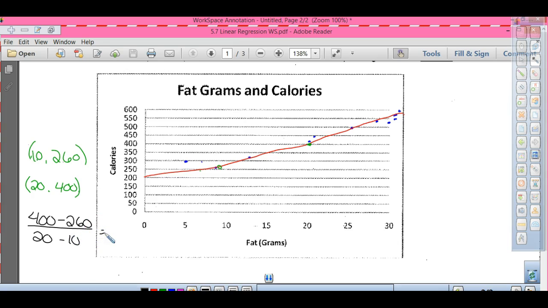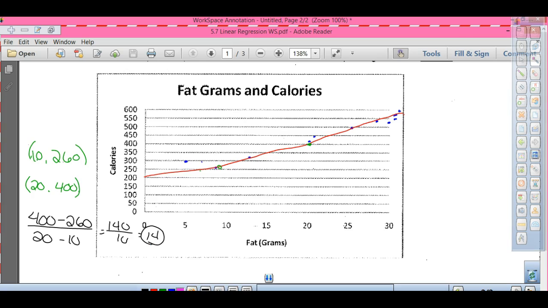So 400 minus 260 is 140, over 10, which is 14. What does that represent? My slope. A lot of times we call that our correlation coefficient. It means it goes up pretty fast, right? So my slope's 14.